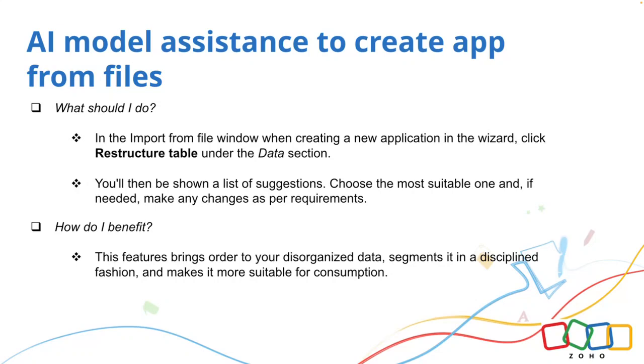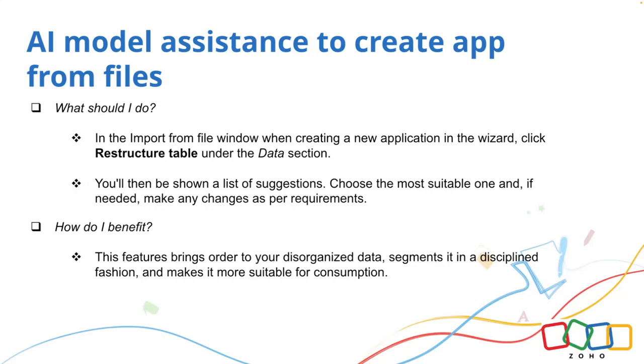So you'll be shown a specific list of suggestions to choose the most suitable options, and if needed, if you want to make any changes, you can do that. How are you going to benefit from it? Of course, this will help you bring your disorganized data into different segments, because you will have an option to use the AI feature, where the Zia option will kick in, and automatically whatever changes you want to make in it will start reflecting over there.